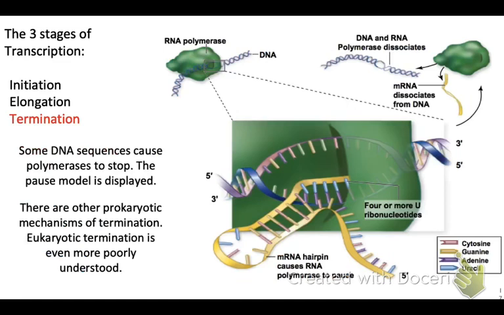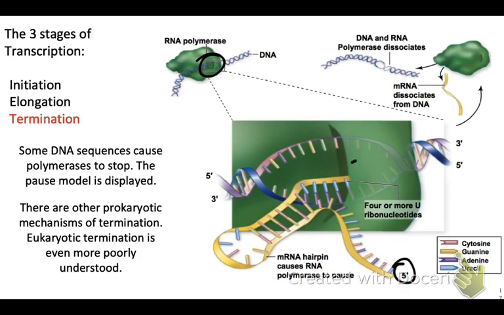Here's what this termination structure looks like in bacteria. So during termination, the RNA polymerase receives a signal to stop transcribing. Here we're zooming in on a little segment of DNA that's being unwound by the RNA polymerase. And here we've got in yellow our newly synthesized RNA strand.